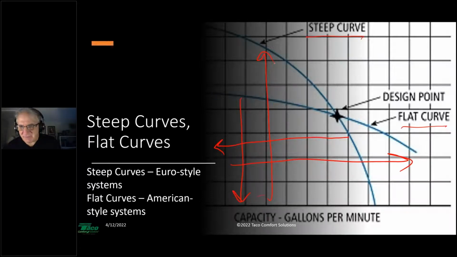Why on earth would you make 2 different circulators, and which one's better? Well, the curves are designed for the type of systems that have traditionally been most common in both markets, American style systems and European style systems. Let's explain that for a minute.